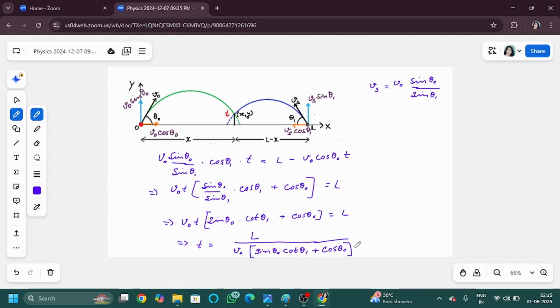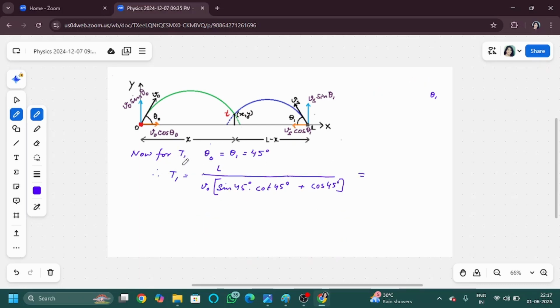Now we will shift to the specific conditions. In the first case, when the time of collision is capital T1, theta 0 and theta 1 both are 45 degree. Then we have T1 is equal to L by V0 into sine 45 cot 45 plus cos 45.